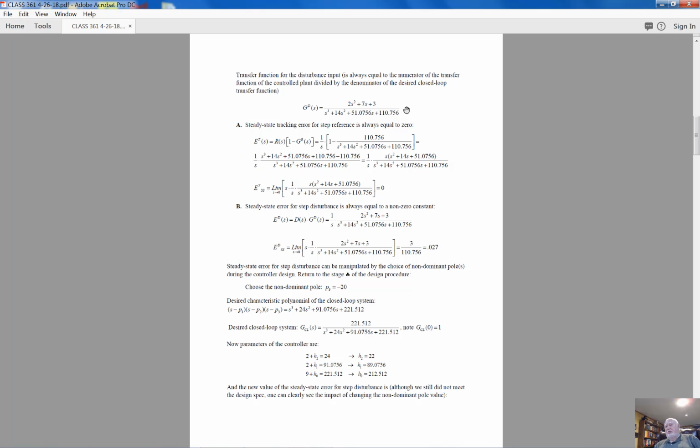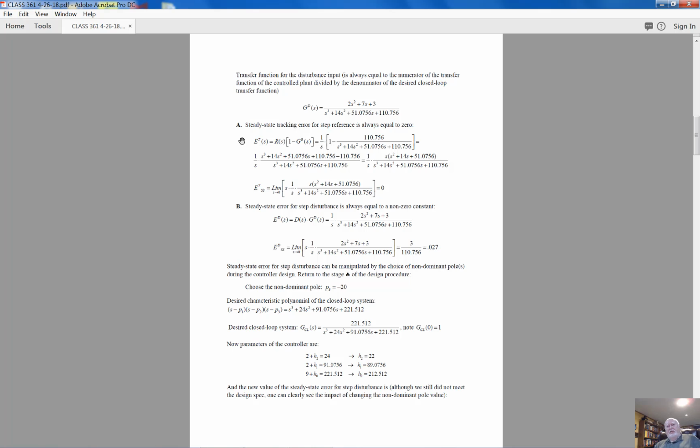And what I can tell you is this. In this situation, the disturbance transfer function has the denominator of the desired closed loop system transfer function and the numerator of the controlled plant. In many cases, it works exactly this way, but don't trust it. I would prefer you to make your own derivation of both transfer functions.